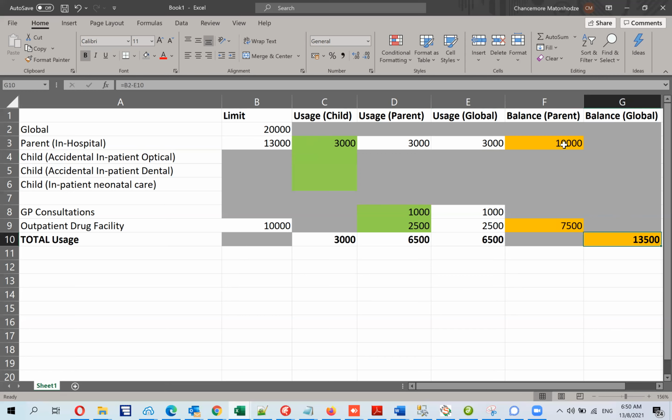And the balance on the parent has also come down as well. So let's suppose that while it's admitted, maybe it was a pregnant person. So they have a claim, which is maybe, let's suppose it's $4,000 under inpatient unit.